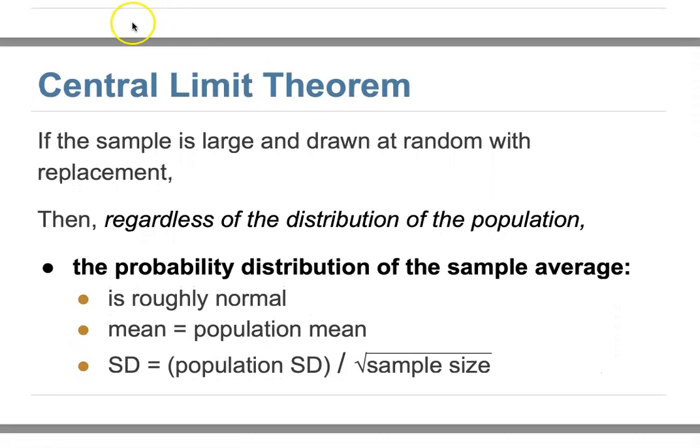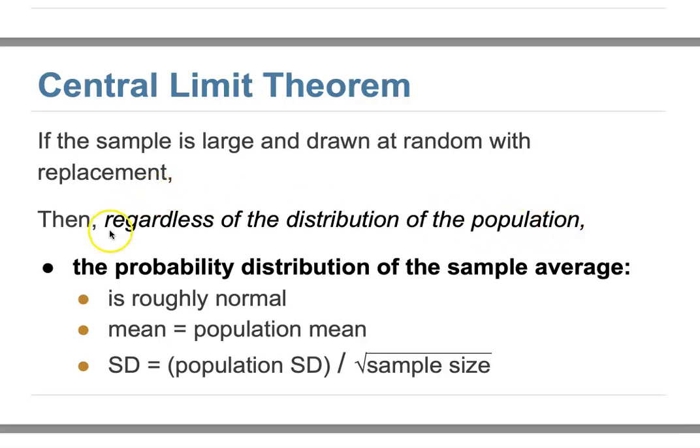So again, for the central limit theorem, here we have updated information. When we talk about the CLT, the sample size needs to be large enough and drawn at random with replacement, regardless of the distribution of the population. That's why earlier, for the population distribution, we don't know from just the average and standard deviation; we need more information.